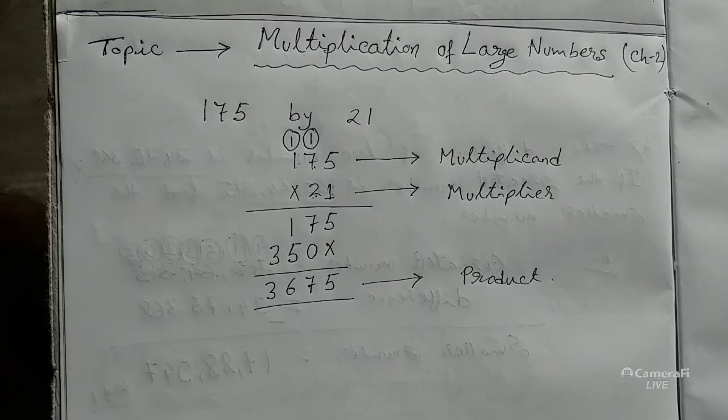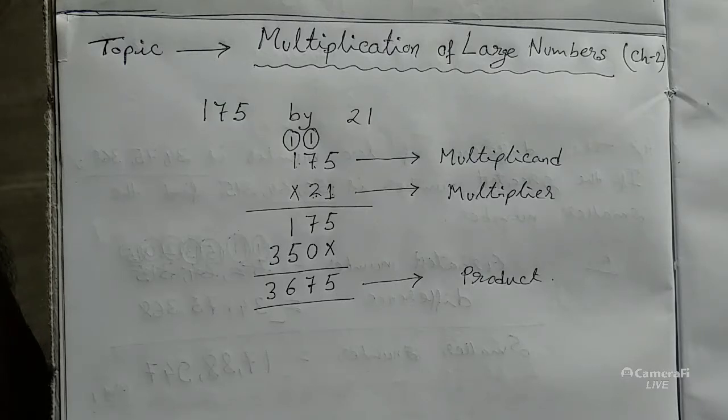Okay. Now here in this chapter in class 5 we will learn how to multiply large numbers when the multiplier is either 3-digit or 4-digit. Now let us take such an example.